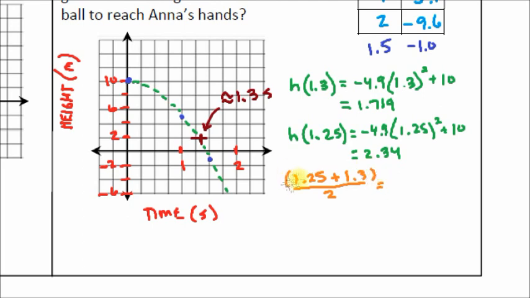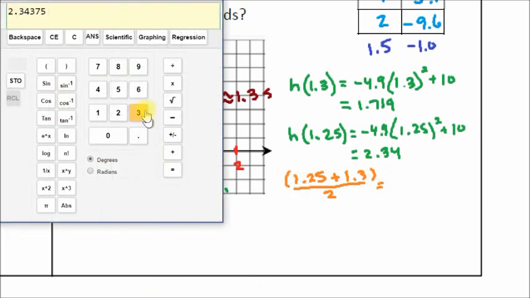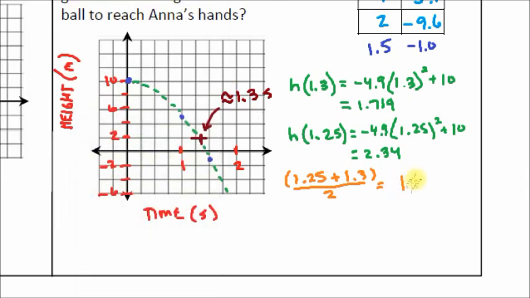If you put the top part in parentheses, you can do this all at one time in your calculator. 1.25 plus 1.3, and now we're going to parentheses and divide that by 2. There's our average, 1.275. So probably a more accurate estimate of how long it takes to drop from 10 meters above the ground to 2 meters above the ground is 1.275.